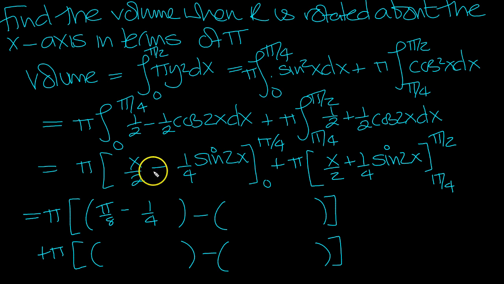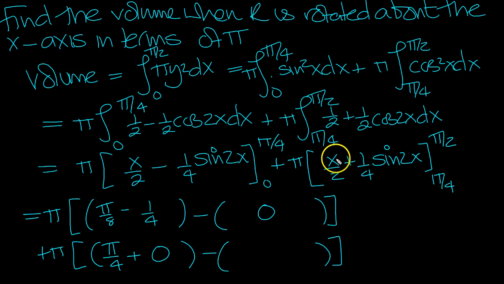That's the top value. Put naught in, you get naught here, because sine naught is naught, and this is naught. Now this one, pi over 2 in here is pi over 4. Pi over 2 in here is sine pi, which would be 0. 2 pi over 2 is pi. Sine pi is 0. So that's that value.